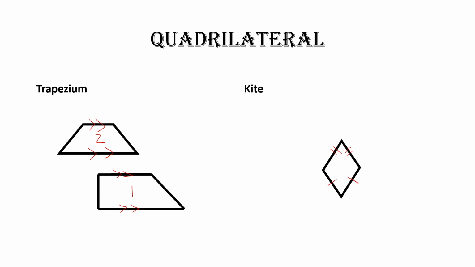And like the rhombus, the diagonals of a kite also bisect at 90 degrees. So all these here bisect at 90 degrees. And like any given quadrilateral, of course, all the internal angles add up to 360. So that is just laying the foundation for quadrilaterals.